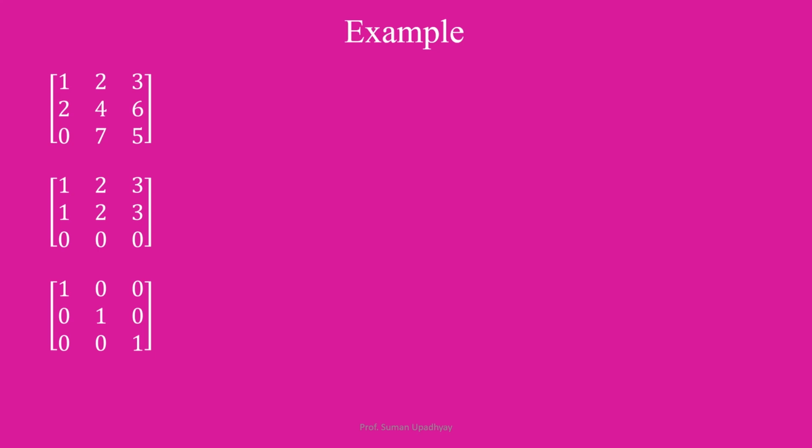One more important thing: the last example was an identity matrix of order 3 by 3. So there's one more important property: whenever we have an identity matrix of order n, its rank is going to be n, because we cannot do any elementary row or column operation which will alter our rows or columns.